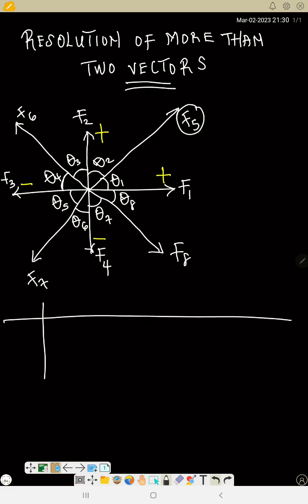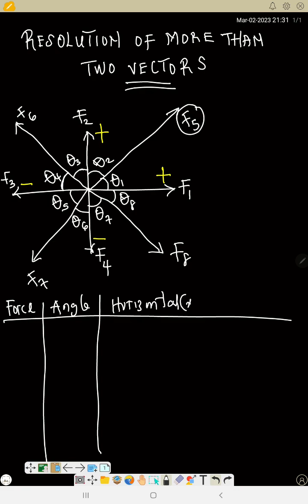So to solve a problem on resolution, you have to list all the forces first. We write force, angle, horizontal components, that is x, and vertical components, that is y. Now what are the angles you have here? Theta 1.